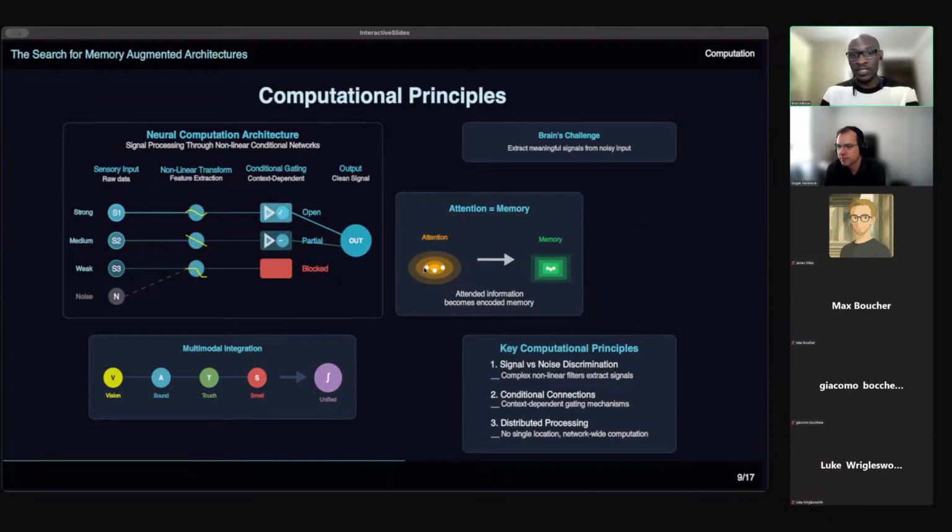Like the three dots, they are the same in the attention way, and they are the same in the memory way. But in real life, when you're remembering, it's never actually the same, but it's a representation of that specific thing you are attending to. Right, it's this compressed representation.